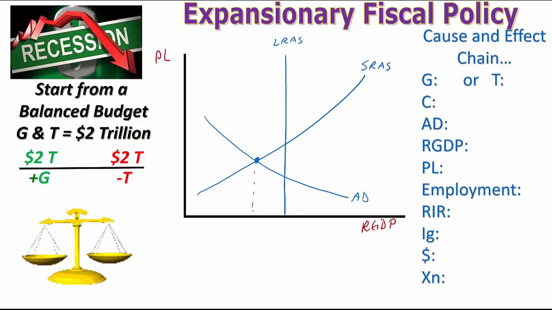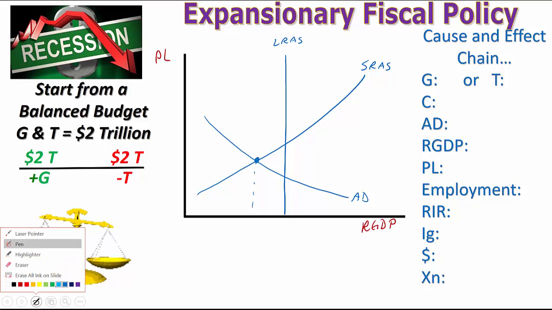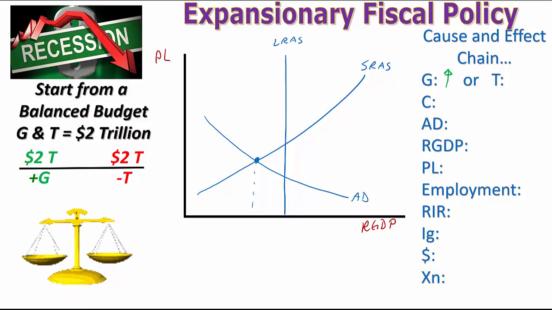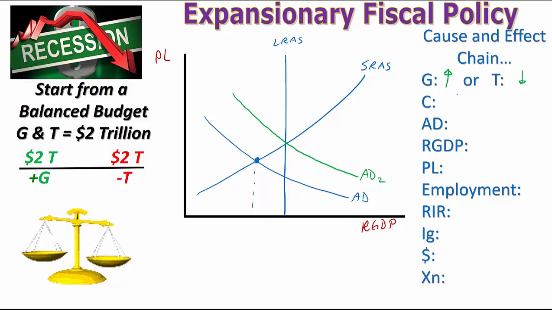Now, here's what's going to happen. The government is going to increase spending, or they could reduce taxes. Either one of those two things could happen. When they increase government spending, aggregate demand is going to increase. That will also occur when taxes are reduced because that'll cause consumption spending to increase. So either one of those is going to increase aggregate demand.